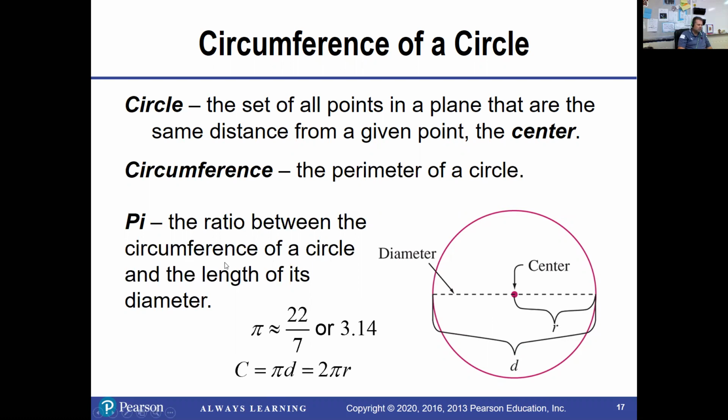This ratio is that special ratio, and it's a never-ending decimal. These are estimates. Even 22/7 is an estimated fraction for pi, and we can use 3.14. You now have calculators that have pi in them that even the younger kids will use. So just understand that could happen.